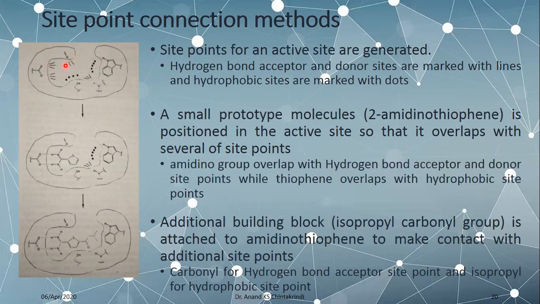In place of a carboxyl, again you place hydrogen bond acceptors. In place of a hydrocarbon chain, here you place hydrophobic site points. Again, this is an aromatic chain, so you place hydrophobic site points. This is an amino group, again you place a hydrogen bond acceptor in this case.